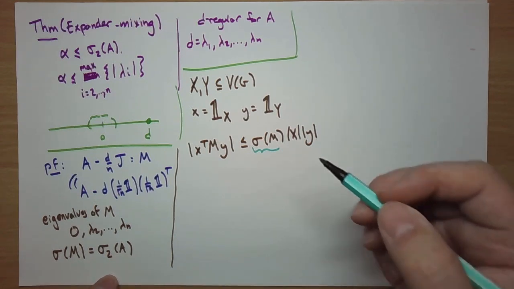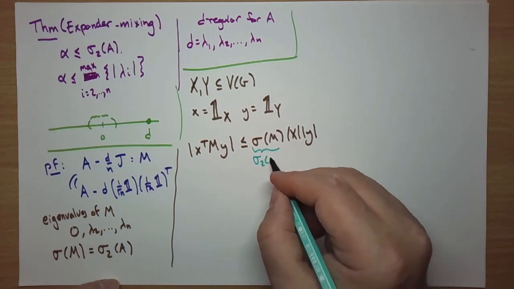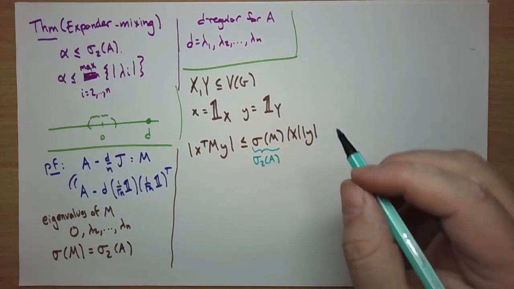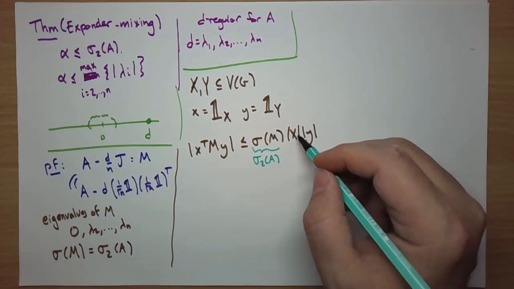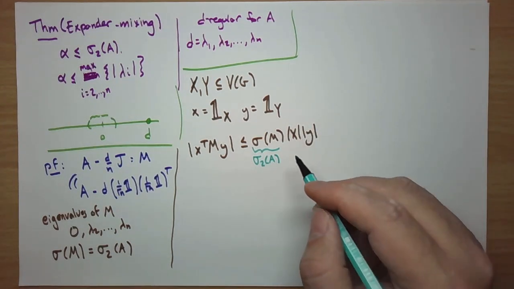Okay, sigma 2 of a. Now this one's not quite on the board, but it's almost, you can reason it out. It is square root of size of x times the square root of size of y.